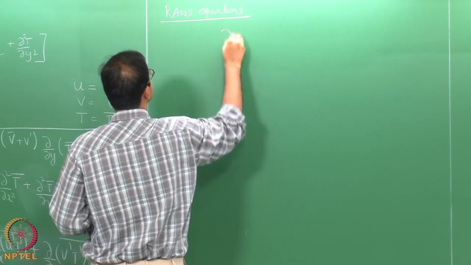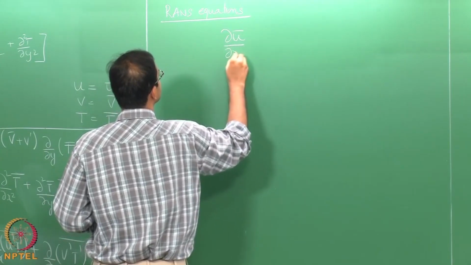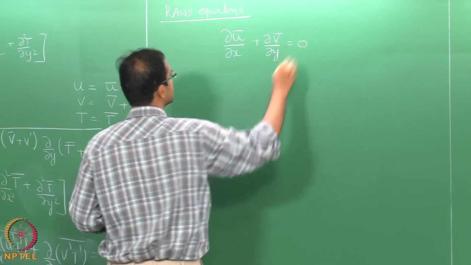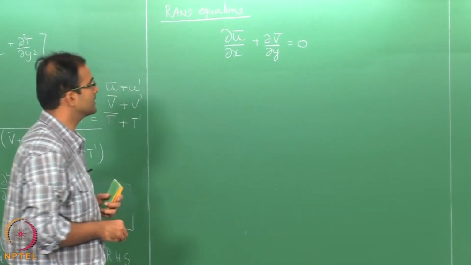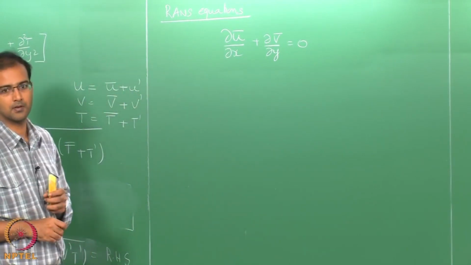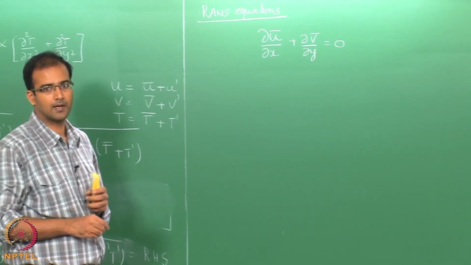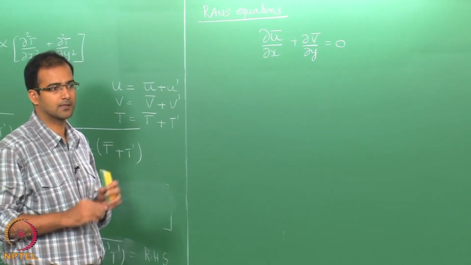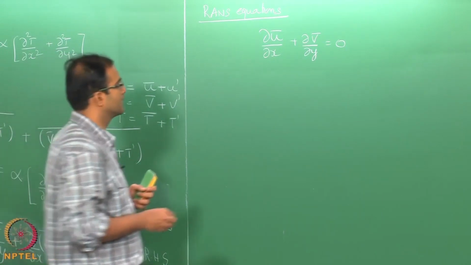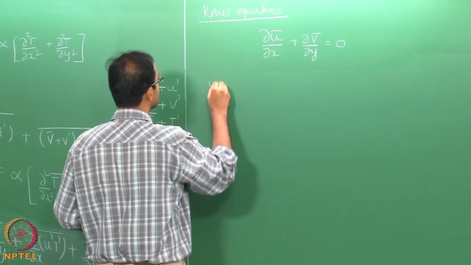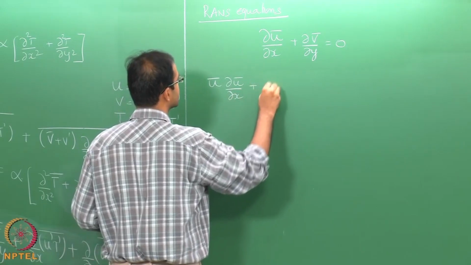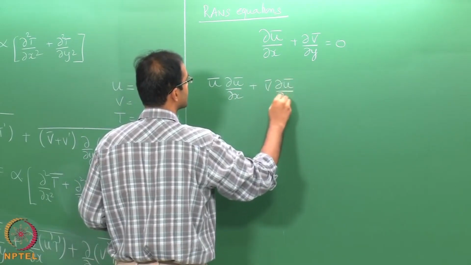The continuity for the mean velocity is satisfied, and so is it for the fluctuating component, and we are not going to solve for the fluctuating component. We will only construct the equations for the mean component. This is what we are going to solve. We will see quickly how we account for the fluctuating component. Then the x momentum equation will be u bar du bar/dx plus v bar du bar/dy.